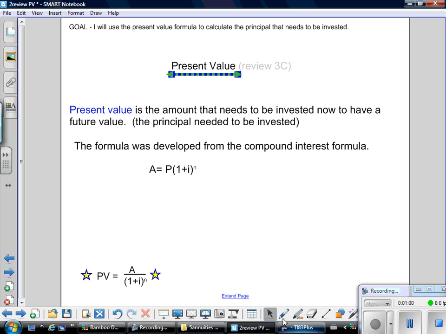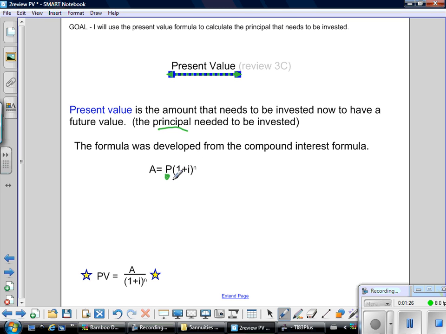The first thing we're going to do is, I'm interested in the principal. So here's the principal here. I want to rearrange this formula so that it says P equals. Now, in a previous unit, we've talked about rearranging formulas. So why is P not by itself? Because it's being multiplied by this bracket.